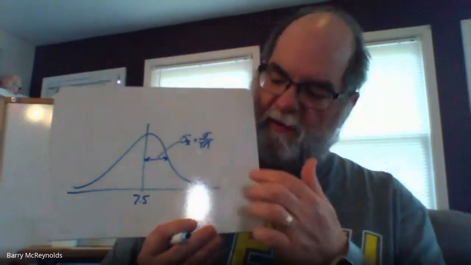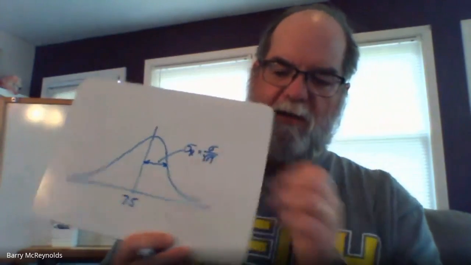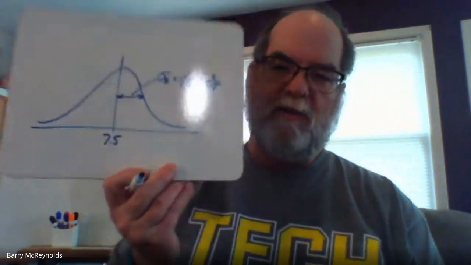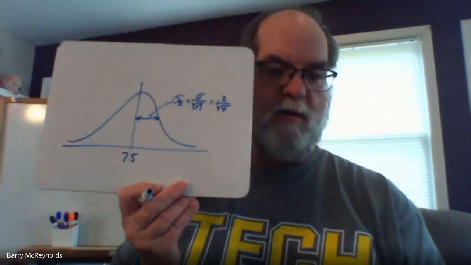So that standard deviation, sigma x bar, is the population standard deviation sigma over the square root of n, right? That's the formula for the new distribution that we're talking about. In this case, the population standard deviation is 0.2 divided by the square root of 4 because our sample size is 4.